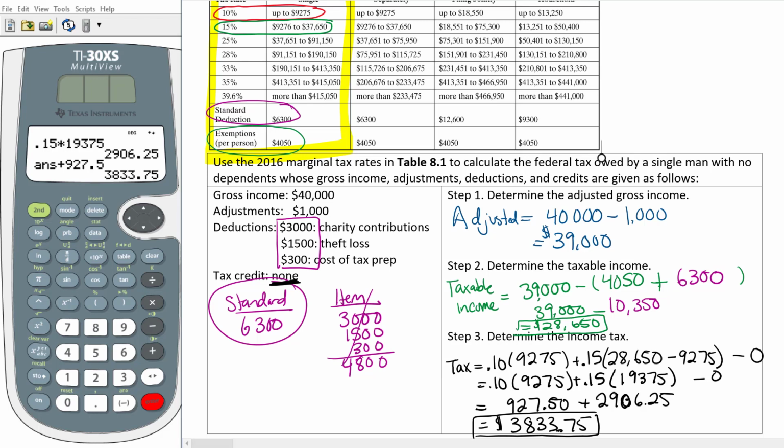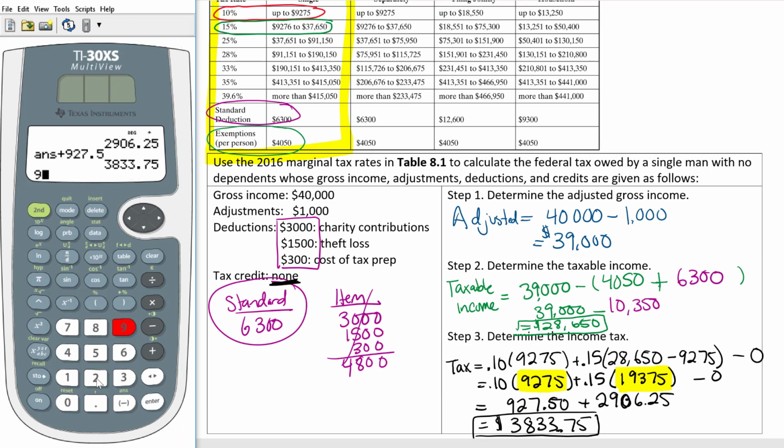Now, one thing to note is if you take the amount that you were taxed in the 10% category and add the amount that you taxed in the 15% category, those two numbers should add up to the entire taxable income.